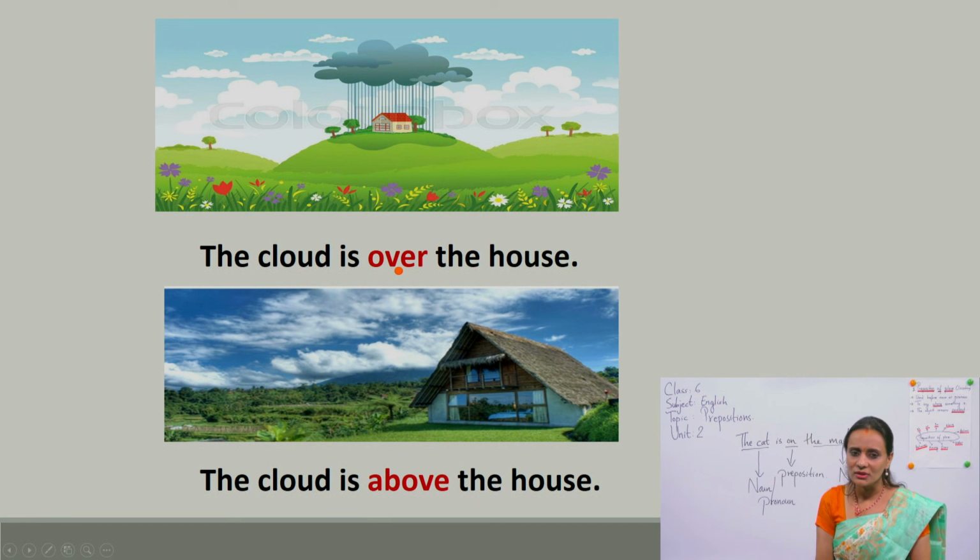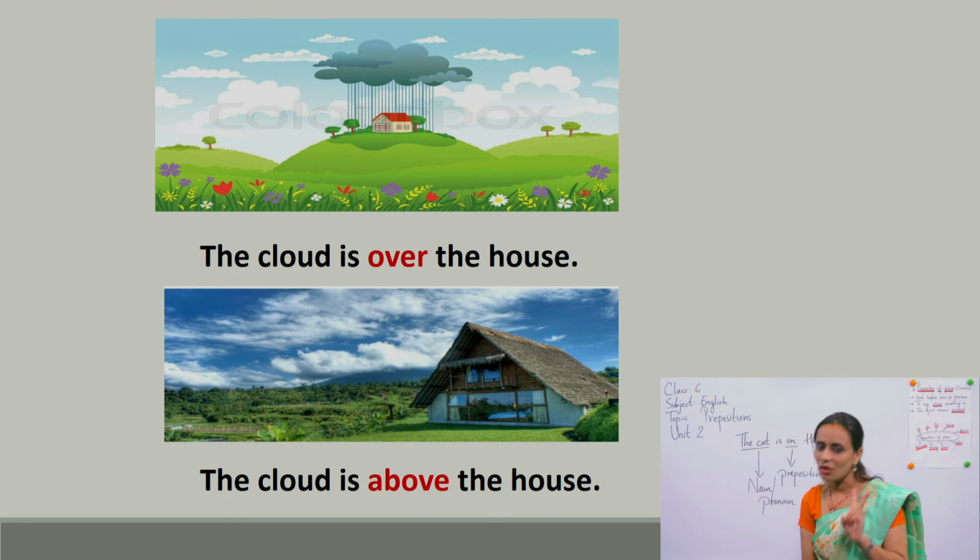Because the cloud is directly over the house. It's completely covering the house, isn't it? And in the second picture, the clouds are scattered and the clouds are upwards. They are higher than the house, because both of them mean higher than.